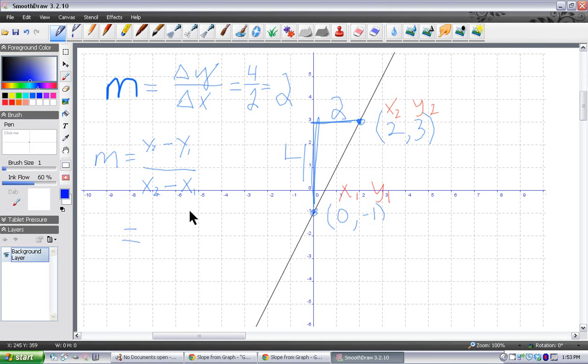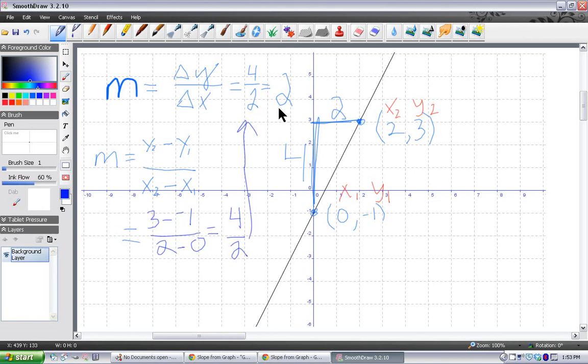So y2 is 3 minus y1, which is -1. So 3 minus -1 over x2 is 2 minus x1, which is 0. We're going to do our subtraction first. 3 minus -1 is 4, and 2 minus 0 is 2. I get the exact same thing I had up here, which gives me a slope of 2.